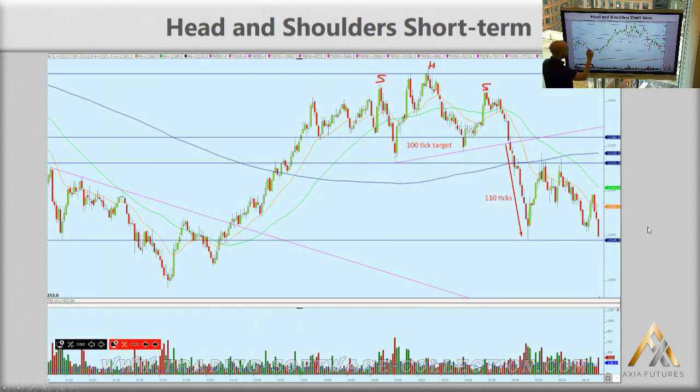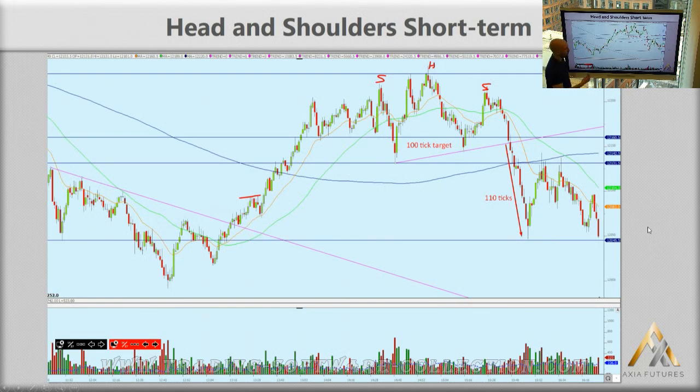Again, another one, inverse head and shoulders this way, that's basically your neckline. But what you've got helping you is this downward sloping trend here. So you can view this as a head and shoulders and then use this trend as your way to get in on it, rather than having to wait for this neckline to go, and then you're going to be getting in up here. Still works, both the same.